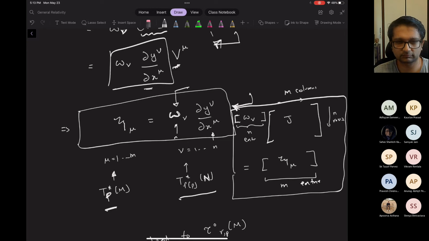So the fact that vectors can only be pushed forward automatically gives you that dual vectors can only be pushed backwards.